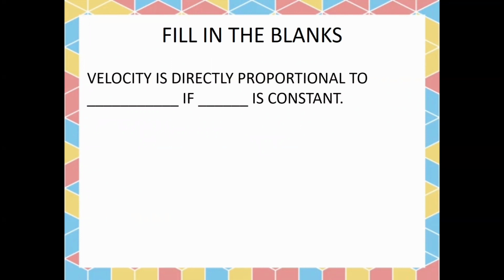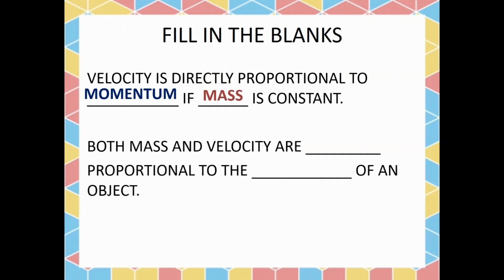Velocity is directly proportional to blank if blank is constant. It is proportional to momentum if mass is constant. Both mass and velocity are blank, proportional to the blank of an object. So these are directly proportional to the momentum of an object.